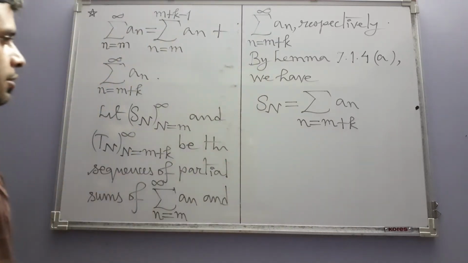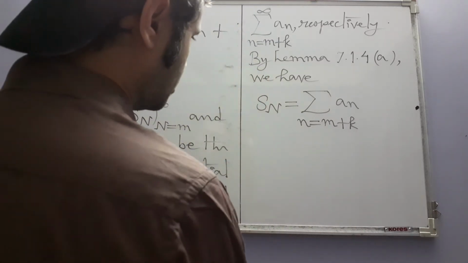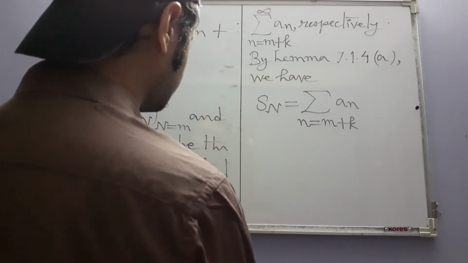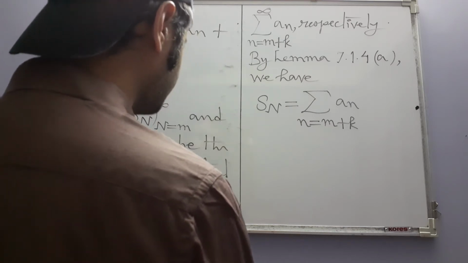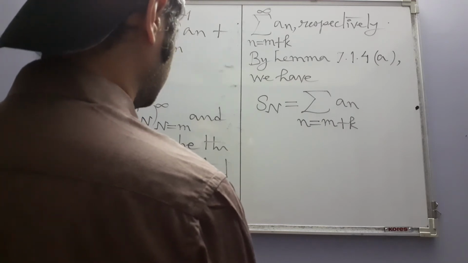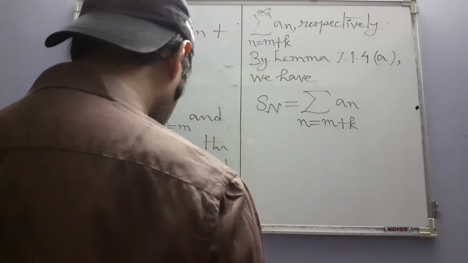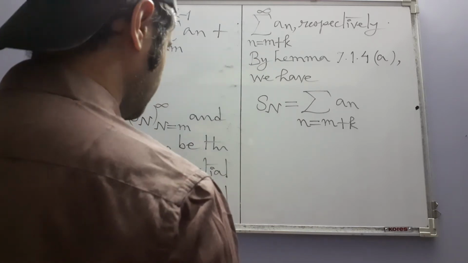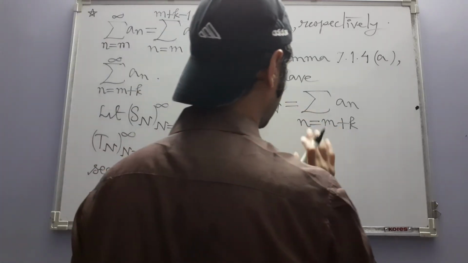Oh wait, this won't come from n plus k, but rather it will go from m to n itself. Okay, is that what we are trying to do? No. What I was going to write is correct.